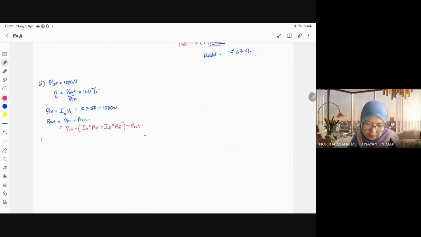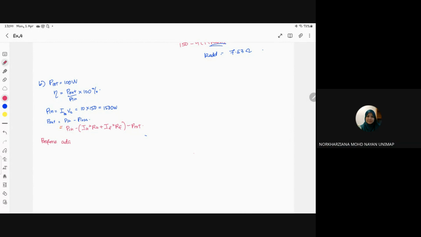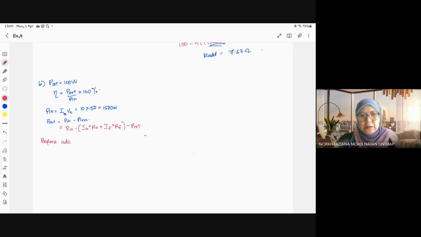So B4, before additional resistance, before add RF.